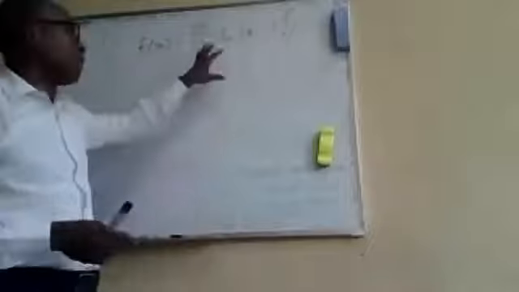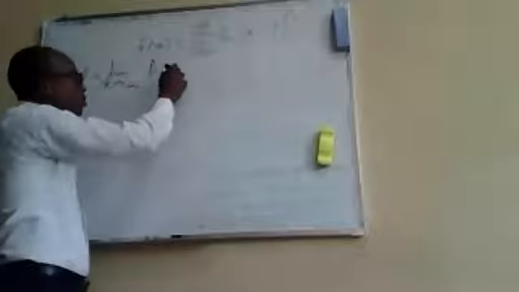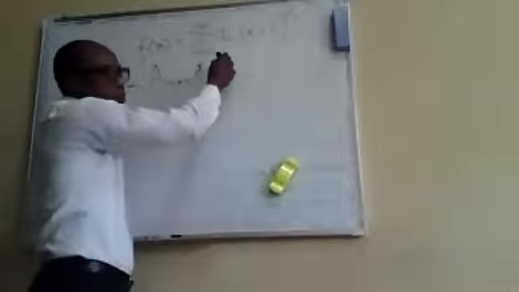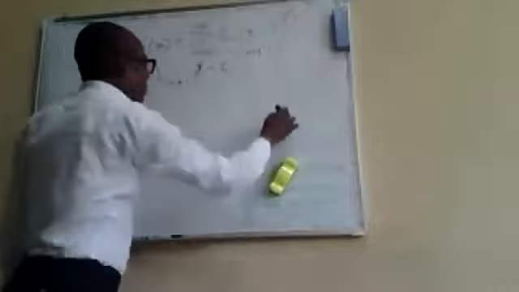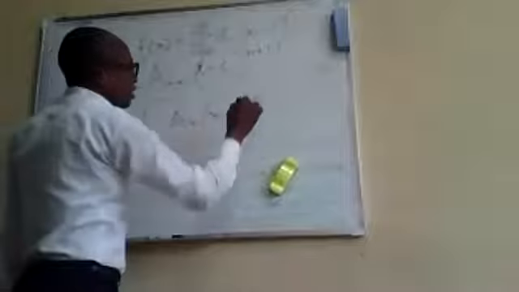To determine the values of s where this particular series will converge, we make use of the definition: the limit as n tends to infinity of the absolute value of a n plus 1 times (s minus c) to the power n plus 1, divided by a n times (s minus c) raised to power n.